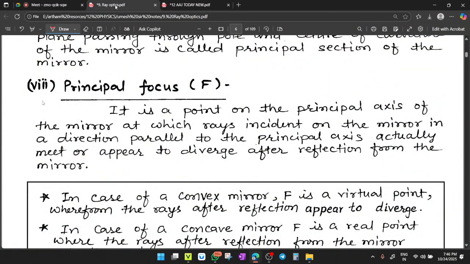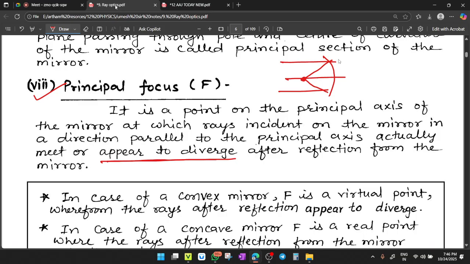So principal focus. It is a point on the principal axis of the mirror at which rays incident on the mirror in a direction parallel to the principal axis actually meet or appear to diverge. Two things are there. Rays which are coming parallel to the principal axis, after the reflection, either actually meet.